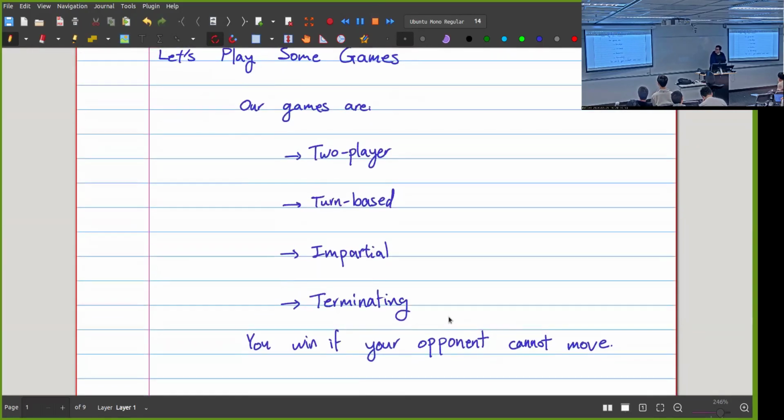But when I say any game, I mean any game that satisfies these requirements that we had in our definition. So if you have a two-player turn-based impartial game that always terminates, then that game can always be turned into NIM. And given that we know the strategy for NIM, we basically know the strategies for all of these games.